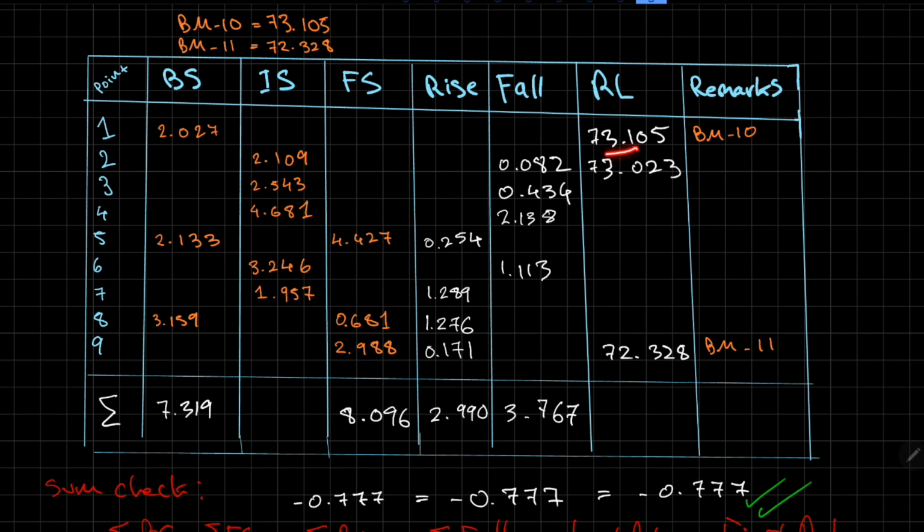Now we take this value here and we're going to minus 0.434 from it. Okay, we get 72.589. Once again we do this minus this because it's a fall. That's equal to 70.451.